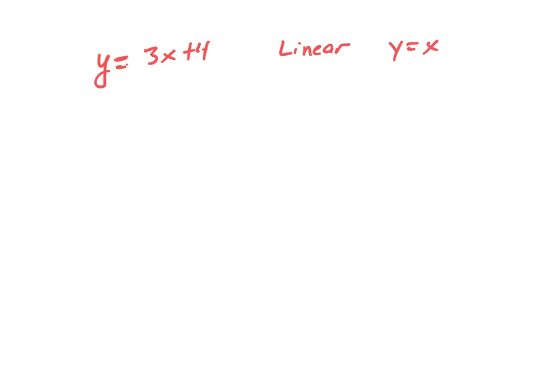If I said y equals 3x cubed plus 2, all we really want to know is what's happening to the x, right? In this case, we have an exponent of 3 on the x, so my basic function here would be the y equals x cubed function, which is our cubic function.